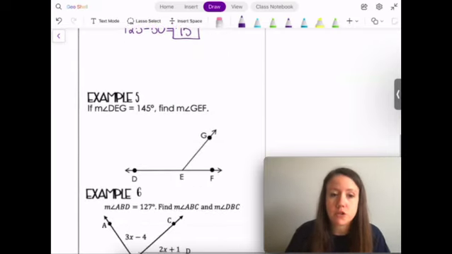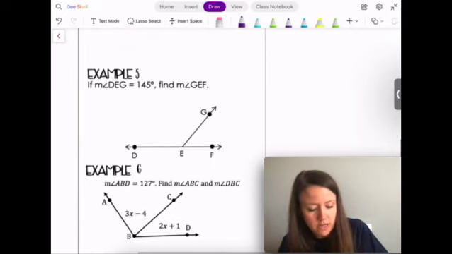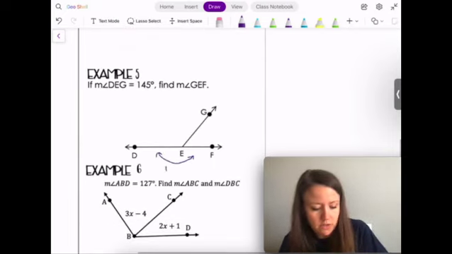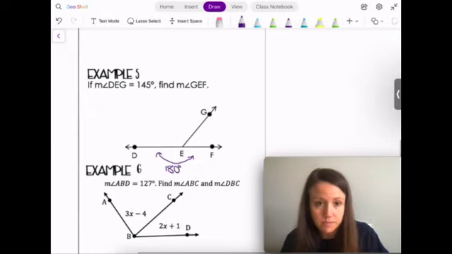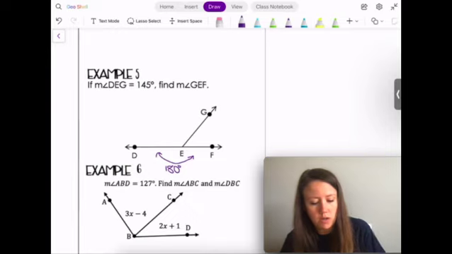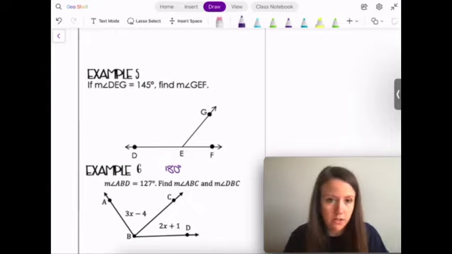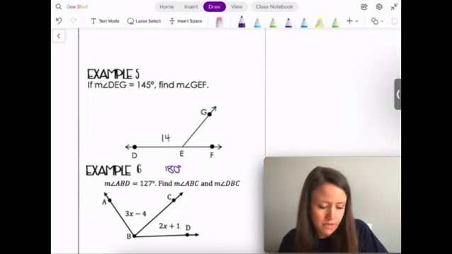What's that look like with a straight angle? Okay, remember, a straight angle is 180 degrees when it's straight. So I won't put this there, but the straight angle is 180 degrees. This is 145 degrees.